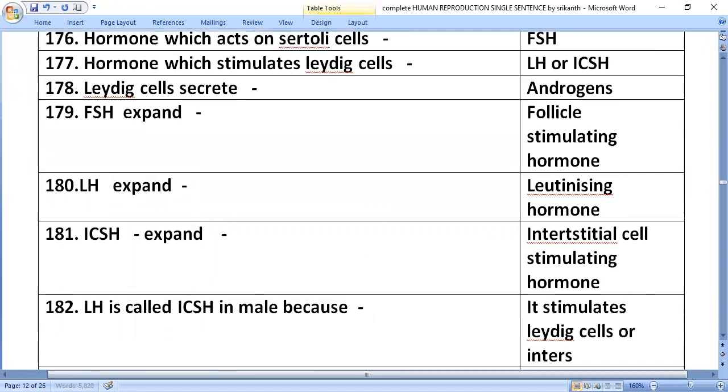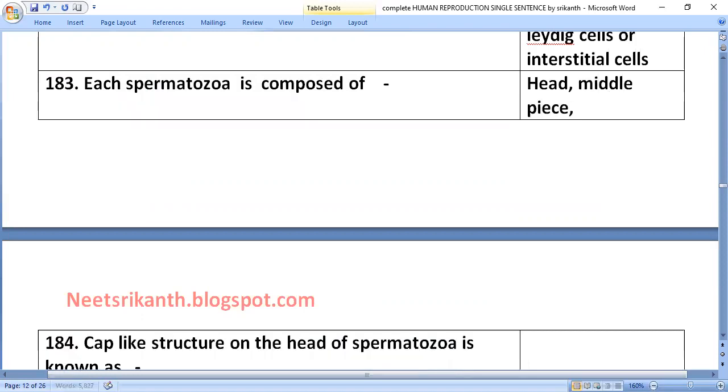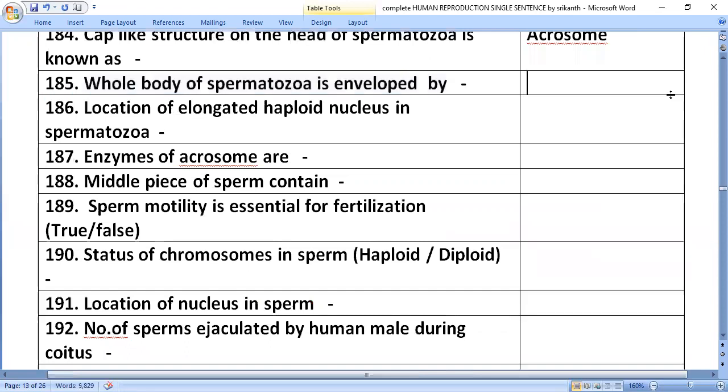Or interstitial cells. Each spermatozoa is composed of head, middle piece, and tail. Cap-like structure on the head of spermatozoa is known as acrosome. Whole body of spermatozoa is enveloped by plasma membrane.